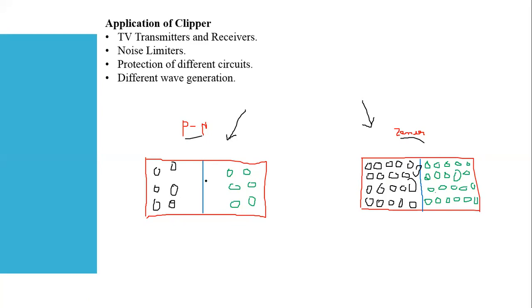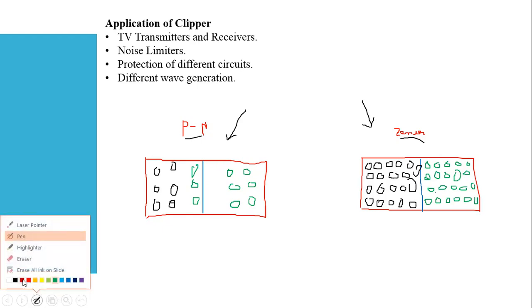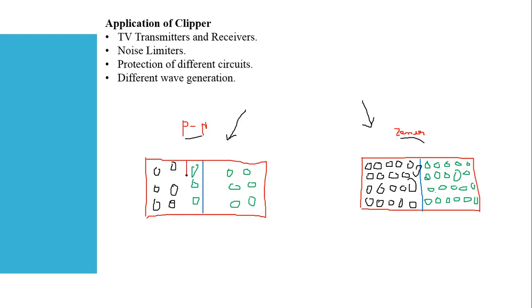So now your electrons are on this side and the holes are created on this side, and you will find one junction in between, the region that is known as the depletion region. Yes or no?